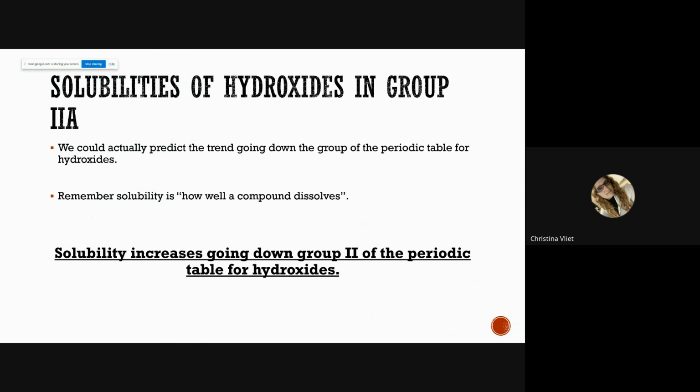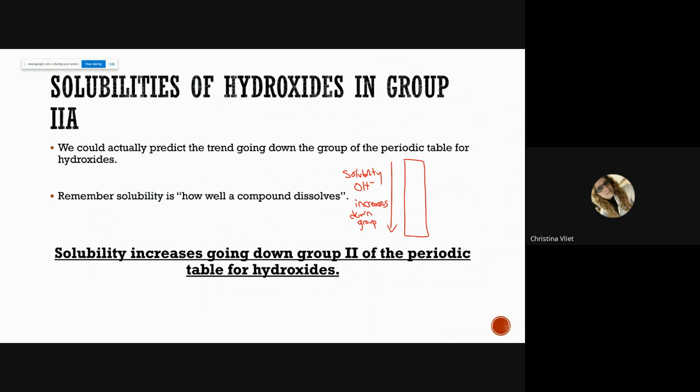All right. There are some more periodic trends to know. Cambridge specifically, for a reason I do not know, wants you to know the solubility of 2 different polyatomic ions going down group 2. The solubility of hydroxides increases down the group.